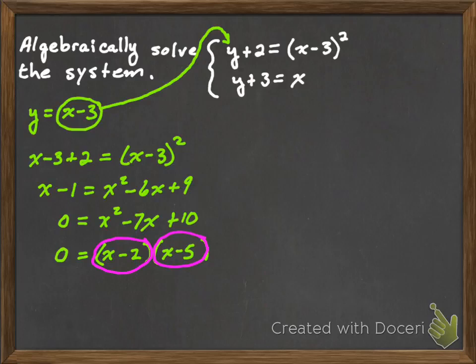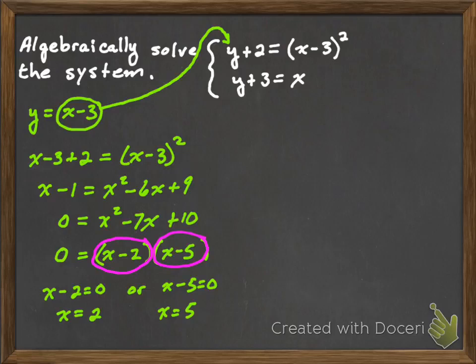What that means is that in order to get 0 as an answer, either the x minus 2 has to equal 0 or the x minus 5 has to equal 0. And if you solve each of these, this would give you x equals 2, and this will give you x equals 5.